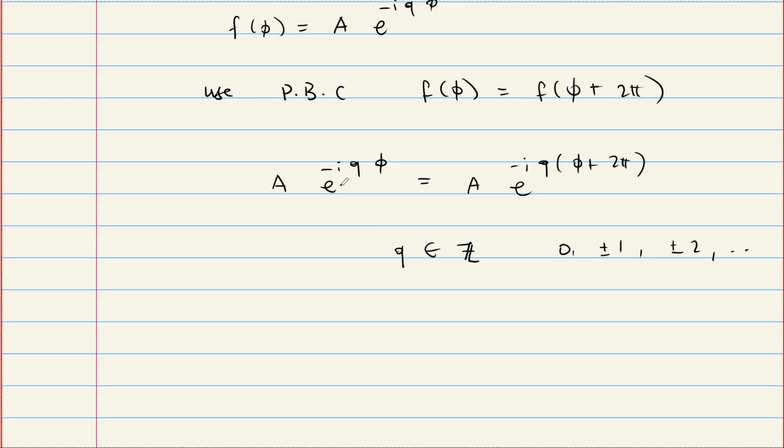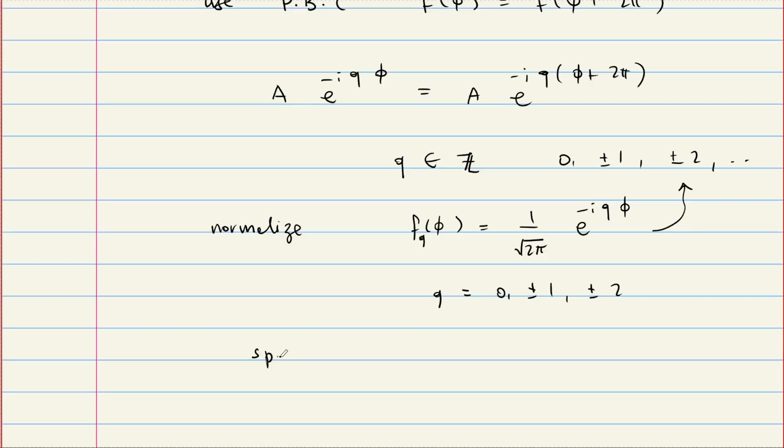And as an exercise, you can also try to normalize to find f of phi. Now, if you want to label the eigenfunctions by q, f_q is equal to 1 over root 2 pi e to the minus i q phi, and q is given with this condition.